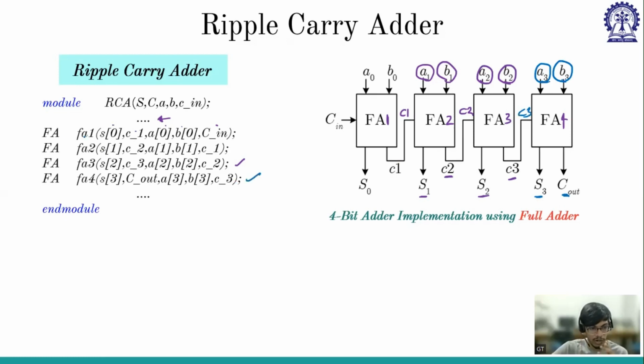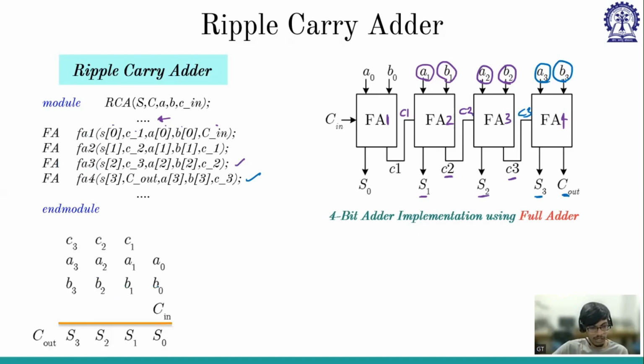Now again, I have to define the full adder. The module name is full adder, which is common for everyone, but I'm naming the instances differently, FA1, FA2, FA3, FA4. Now I have to see whatever I have done in the previous, I'll show. So we are doing the sum S0 with carry C1, S1, C2, S2, C3, S3, C out. So which full adder is this, FA1 or FA2 or FA3 or FA4?